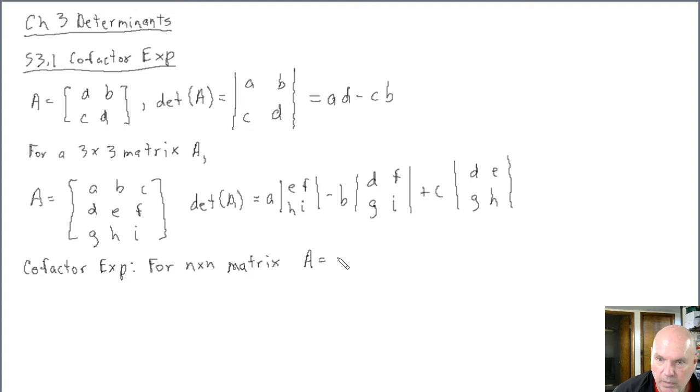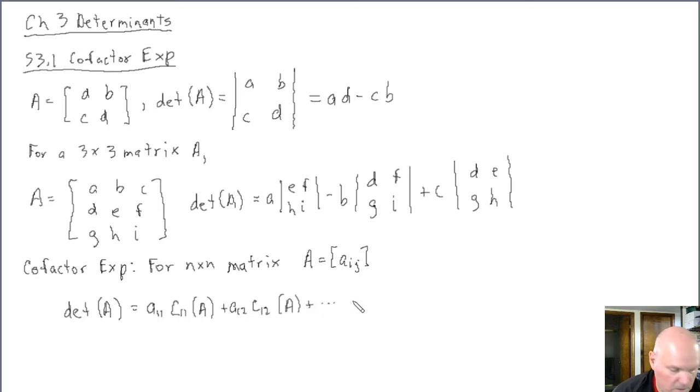A with elements a_ij, the determinant of A is equal to, I'm going to write it going across using the elements in the first row, the first element times what's called the cofactor, the C11 cofactor of A, the cofactor corresponding to this element, plus the next element in the first row times its corresponding cofactor, plus go entirely across the first row.